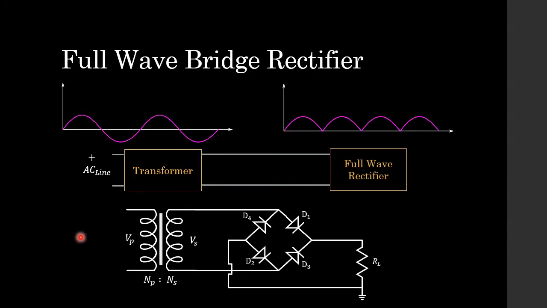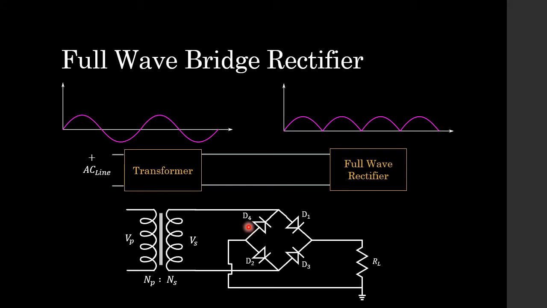So students, here we have the schematic of our full wave rectifier circuit. As you can see, we have four diodes connected in a bridge configuration. So the P side of diode 1 is connected to the N side of diode 4, which is connected to the top end of the secondary coil. We then see the N side of diode 1 is connected to the N side of diode 3, which is connected to the load resistor.